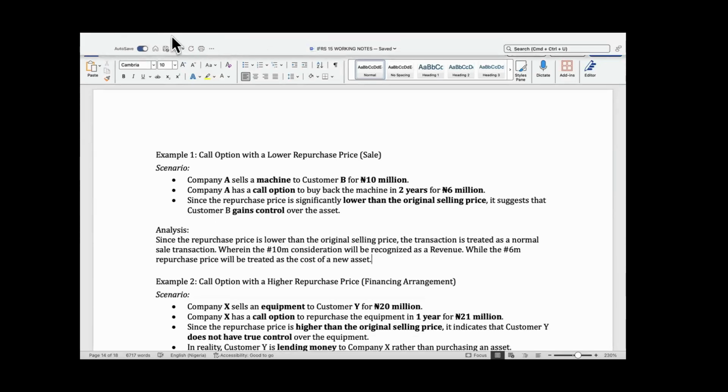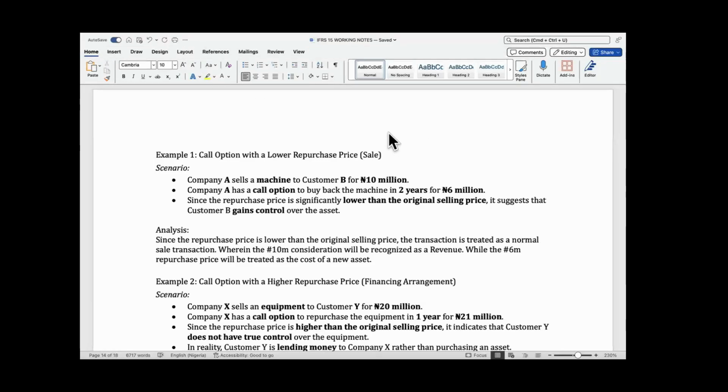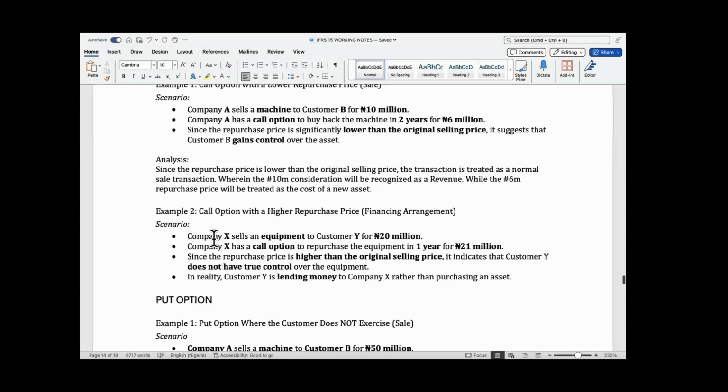Another scenario is where company X sells an equipment to customer Y for 20 million, and company X has a call option to repurchase the equipment in 1 year for 21 million.